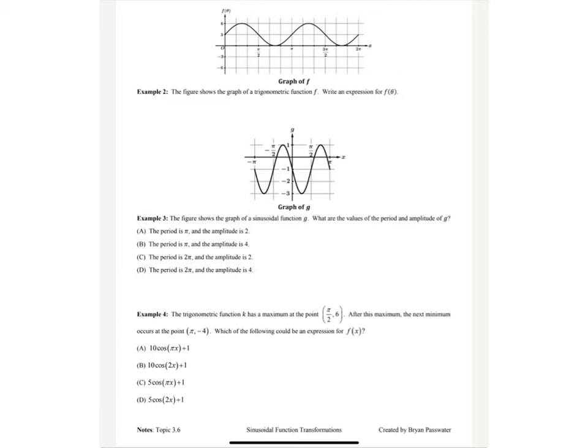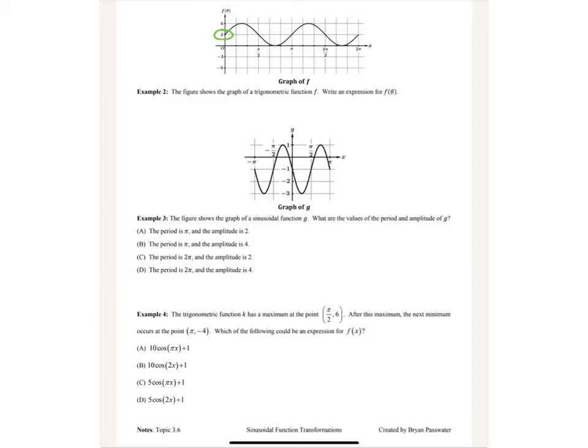Now, that's not to say that it hasn't been translated, right? Because they're both sinusoids, it comes with intuition and context of that particular problem. For me, I would say this one does not begin on the y-axis with an extreme. So probably I'm dealing with sine.